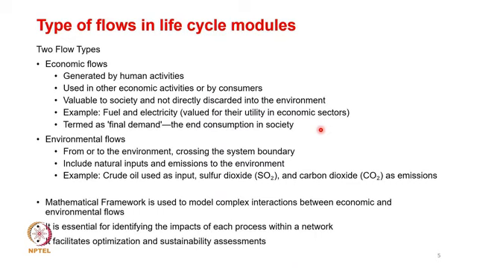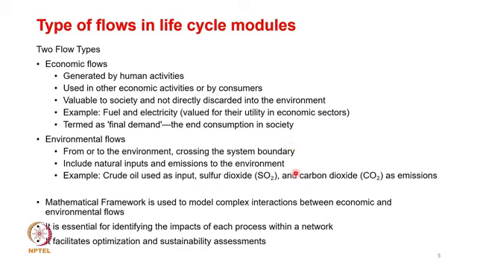Economic flows are typically generated by human activities, and they are valuable to society and not directly discarded to the environment. For instance, fuel and electricity, valued for their utility, are termed final demand, because this is the end consumption of society. So economic flows would be consumed within the societal boundary itself.